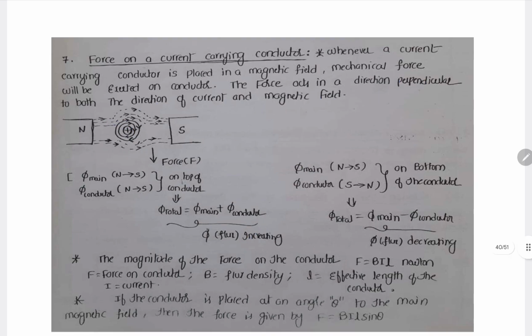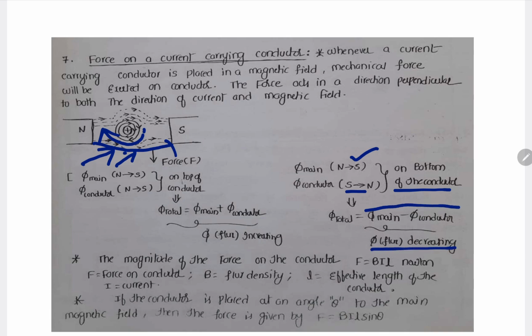On the bottom of the conductor, the main field flux is again from north pole to south pole, but the flux developed by the conductor is from south pole to north pole, so both fluxes are in the opposite direction, they get subtracted, so the total flux is decreasing.